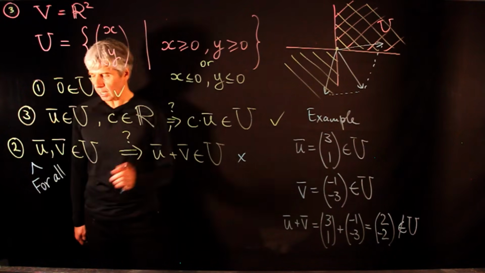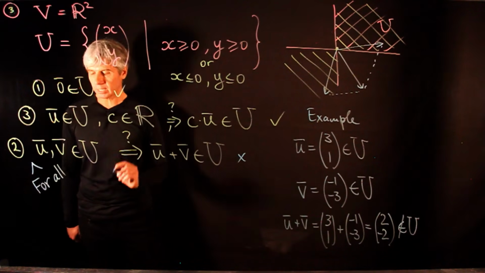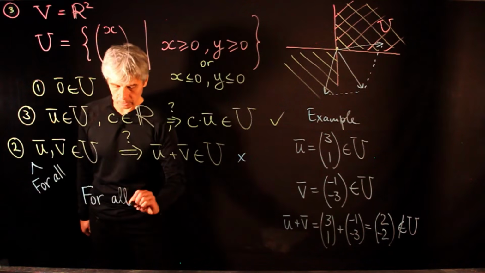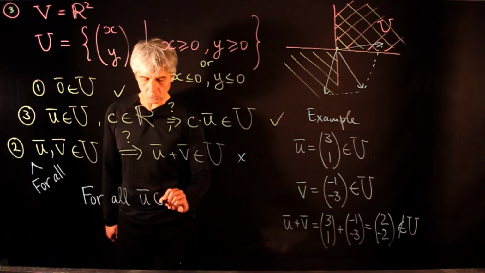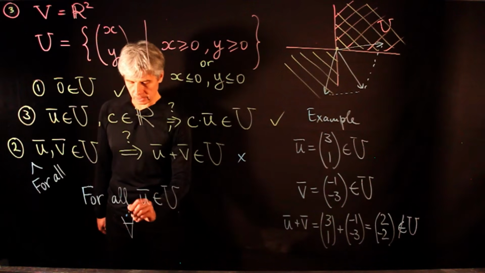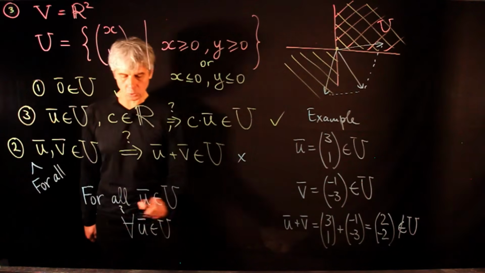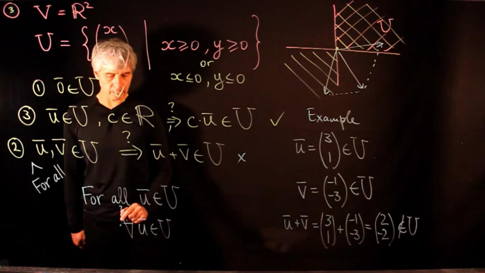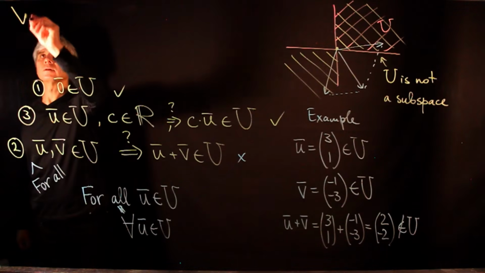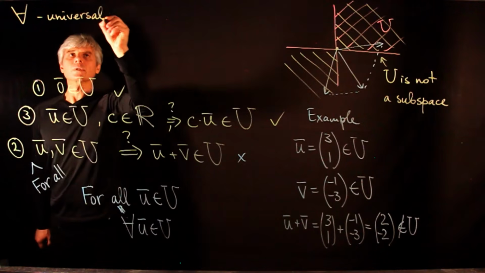By the way, in mathematics, we use the expression "for all" very often, and we have a special notation for this. Instead of writing "for all u in U", we write this symbol, and this symbol stands for "for all u in U". So this is a shorter mathematical way of writing the expression "for all". This symbol is called the universal quantifier.